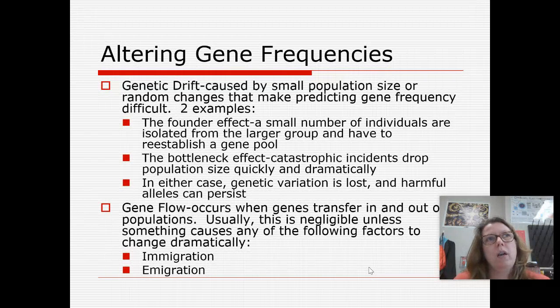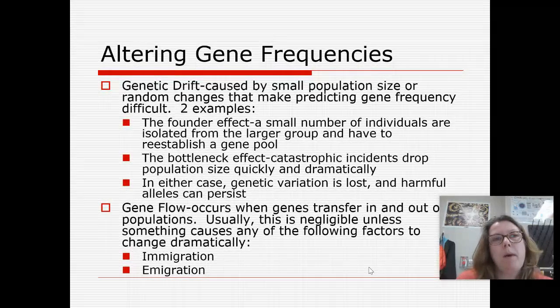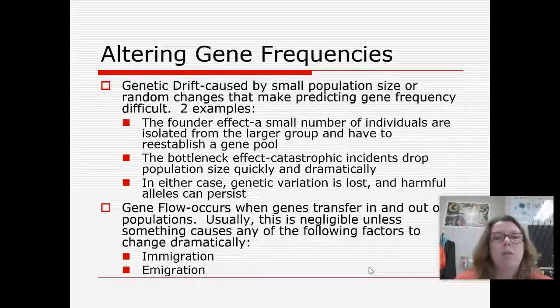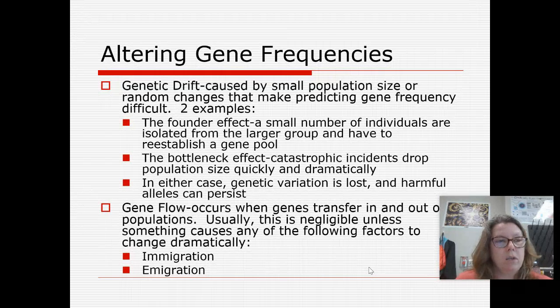And when you lose genetic variation, you start to see the persistence of recessive alleles that would otherwise not show up in the population very often. Those recessives start to become more prominent, and it alters the frequency of that population. And so small populations are under considerable stress due to that loss of genetic diversity.